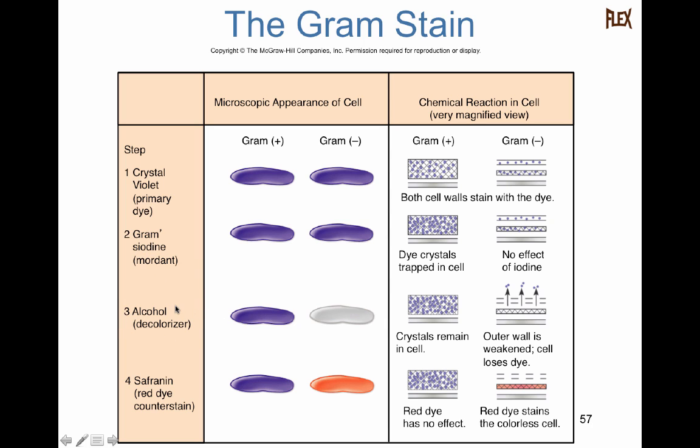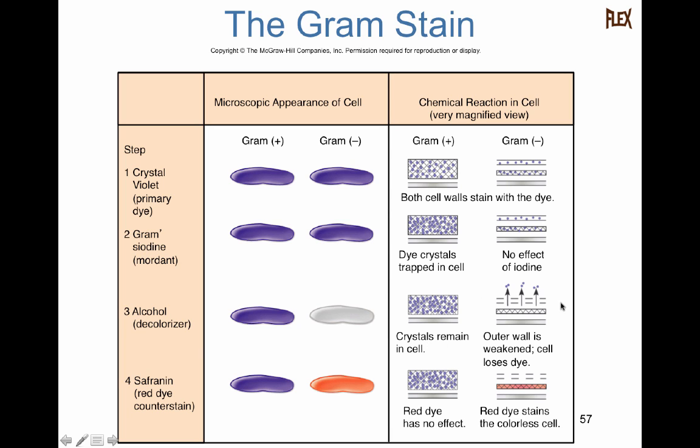The third step of the protocol is to add a decolorizer. So this is where we start to see differences, and it has to do with the thickness of the peptidoglycan. Because it's so thick here, when you add alcohol, the primary stain does not leak out. The crystals will remain.